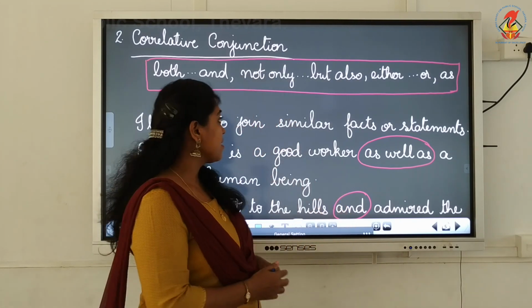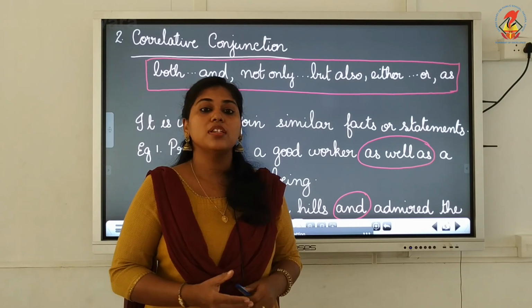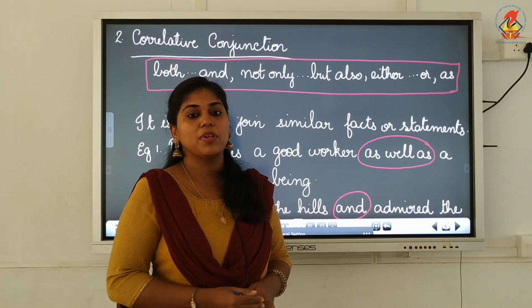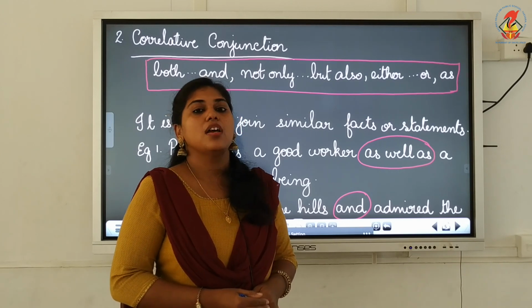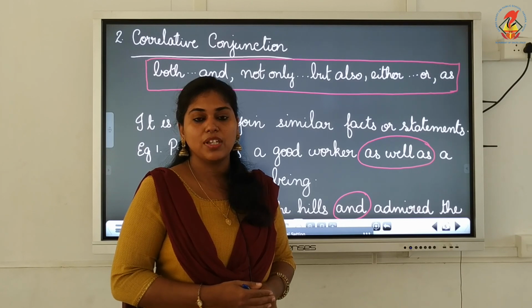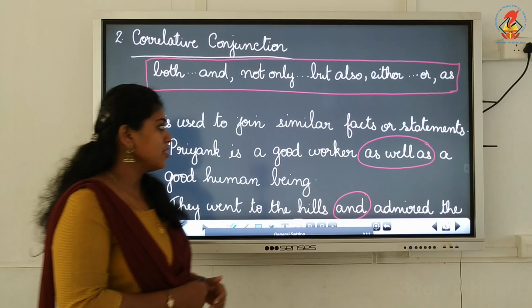Okay, how can we say a sentence using both and? Both the mother and daughter are beautiful. Okay, both the mother and the daughter are beautiful. So that is a conjunction. We have used the conjunction both and there, right? So let's look at the sentence.